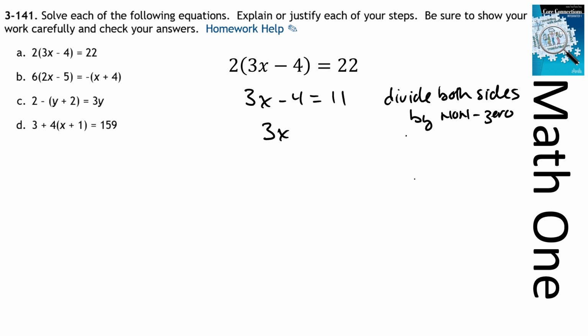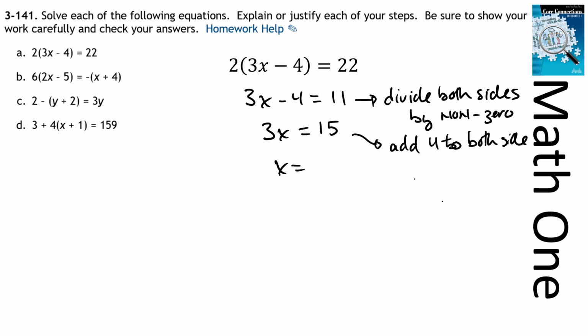So this is an example of the addition property of equality. If you have things that are equal, and you add 4 to each side, you get equal things. And now I'm going to divide both sides by 3.